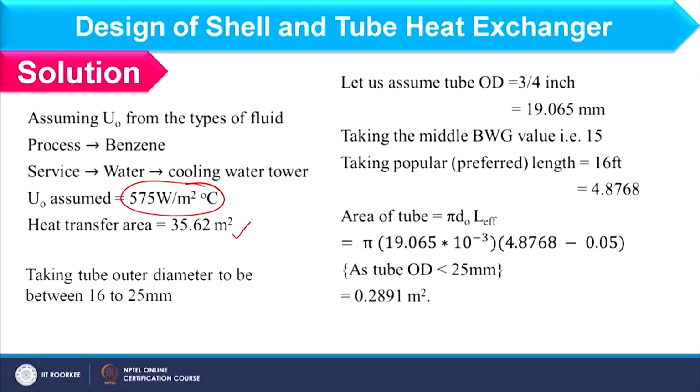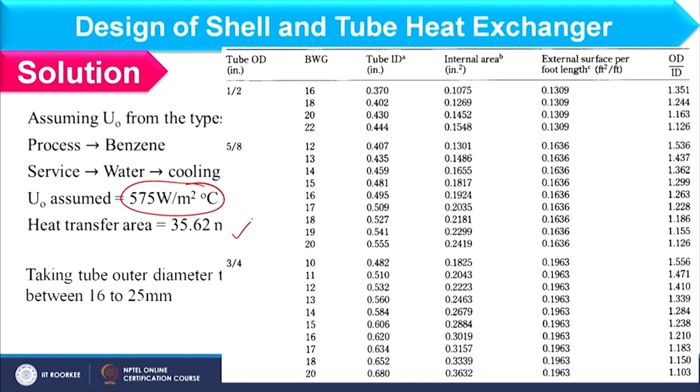So we will see the data for tube dimension, okay. If you see here, I have the table, and this 3/4 inch will lie between 16 to 25 mm, okay. So if I convert, we can find the value as 19.05 mm, okay. So that will lie between 16 to 25 mm, okay.